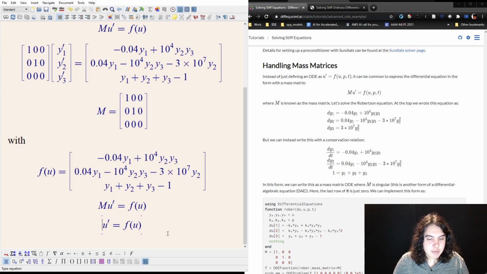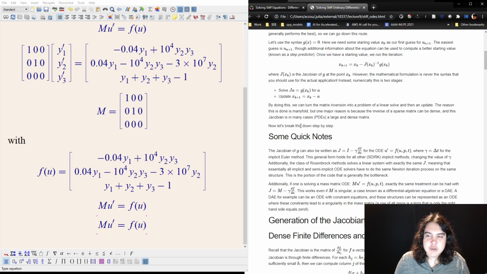So you can't do that. You have to leave it in this form, but this is an interesting type of equation. So here's a question: could we solve this implicit differential equation without ever inverting M?